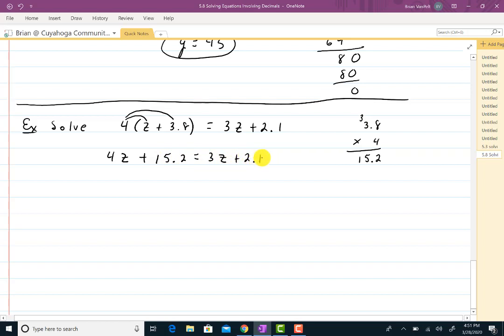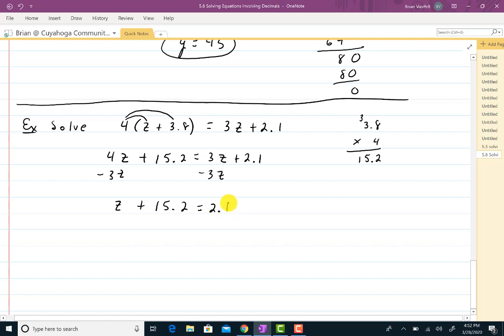And here, same thing as before, I'd like to get the z's to occur on just one side of the equation. So I'm going to subtract the smaller one. I'm going to subtract 3z to avoid a negative sign attached to the z. This leaves me with z plus 15.2 equals 2.1.